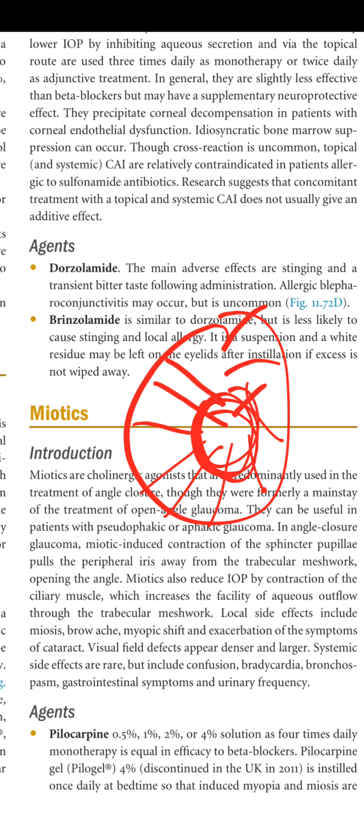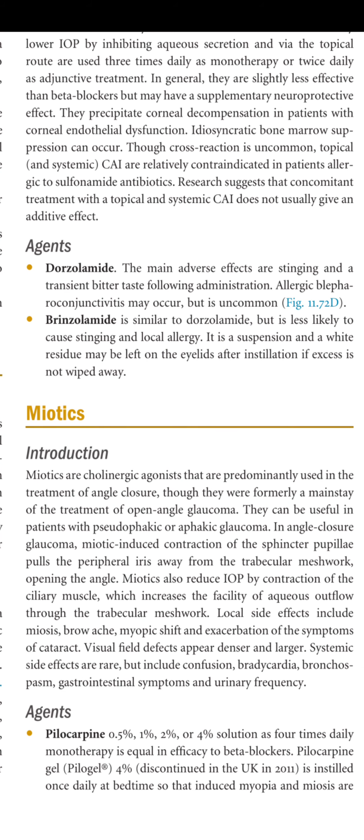Miotics also reduce IOP by contraction of the ciliary muscle, which increases the facility of outflow through the trabecular meshwork. Local side effects include miosis, brow ache, myopic shift, and exacerbation of the symptoms of cataract.